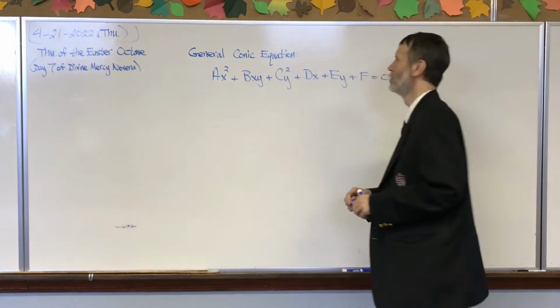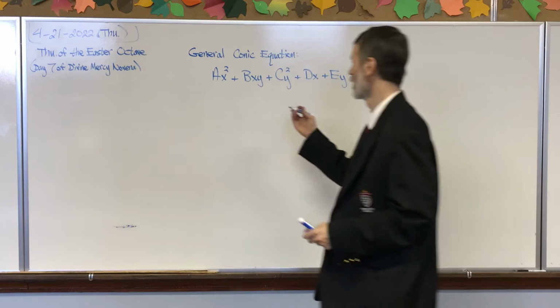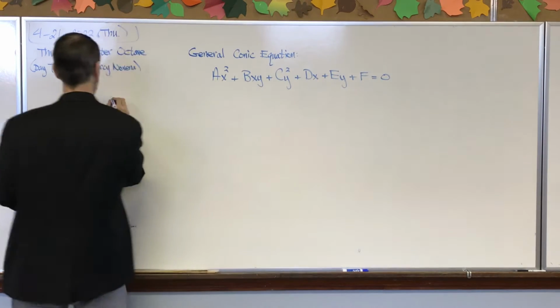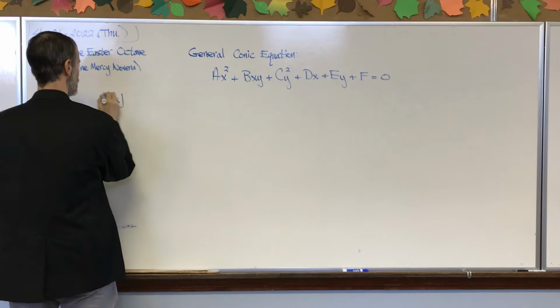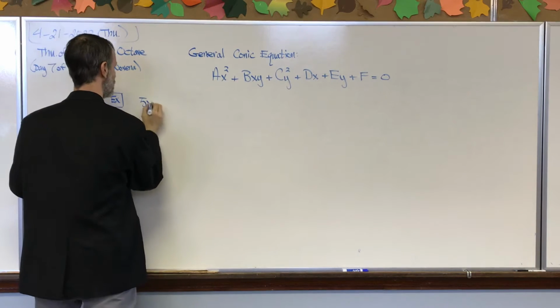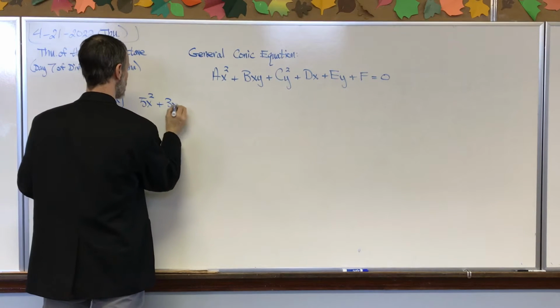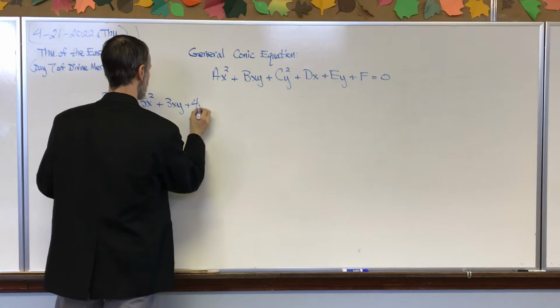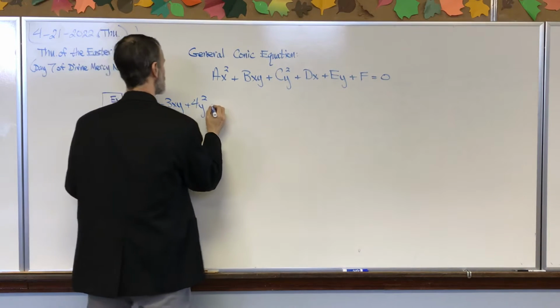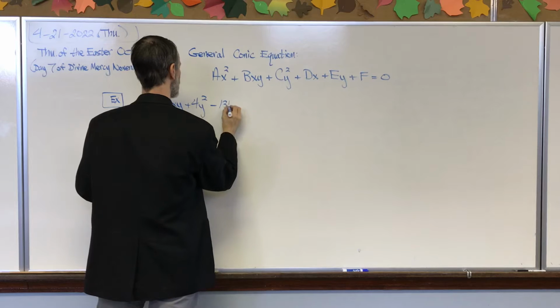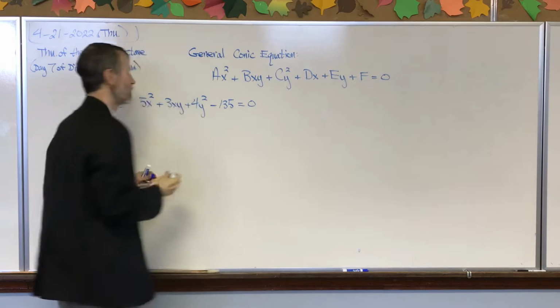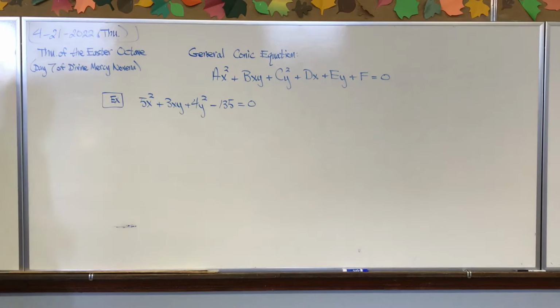So, if something is written in this form, for example, try this: 5x squared plus 3xy plus 4y squared minus 135 is equal to 0.